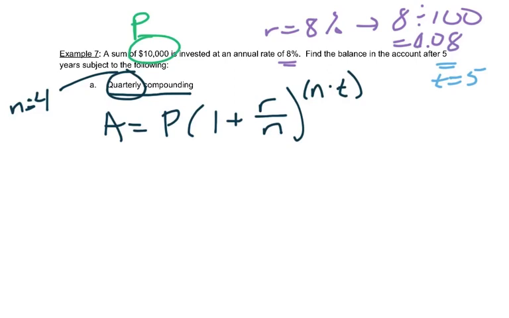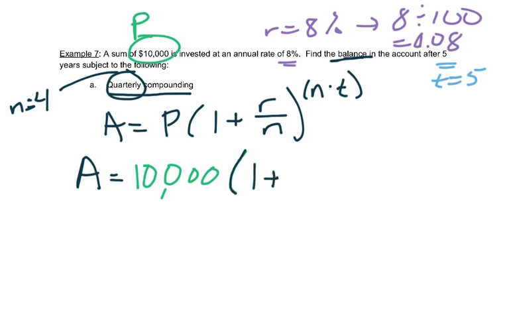We're trying to figure out the ending amount, the balance, so we don't know A. So we have 10,000 times 1 plus my rate 0.08 over the number of times it's compounded per year, 4, to the power of that N, still 4, times the time, 5.